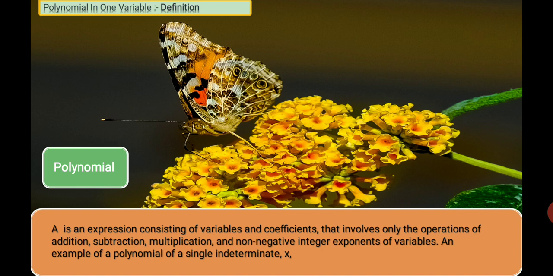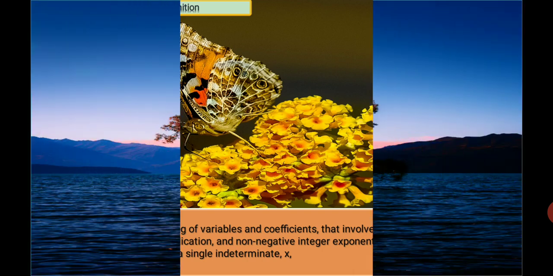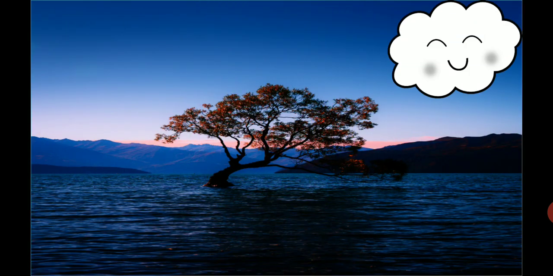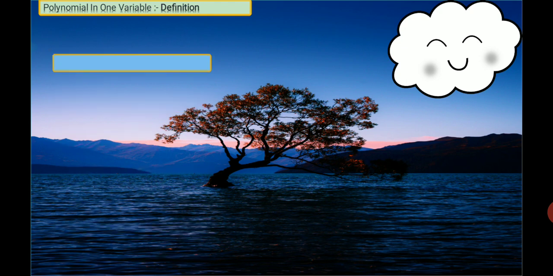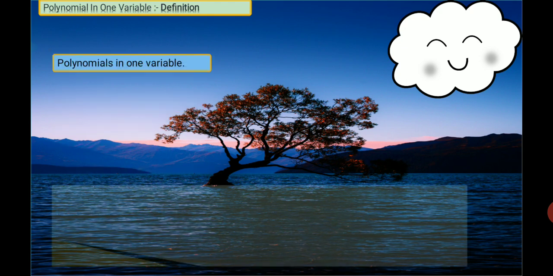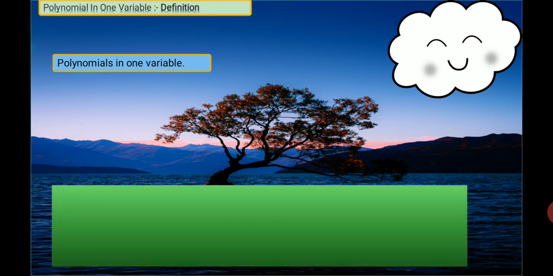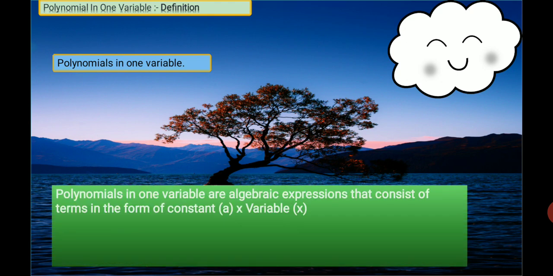The example of a polynomial in a single indeterminate x, that is variable x: x square minus 4x plus 7. A polynomial in one variable is an equation containing only one variable, that is only x or only y or only t.